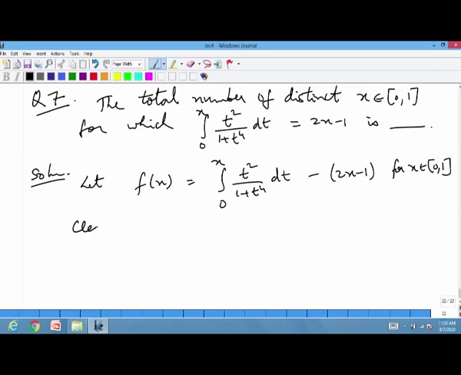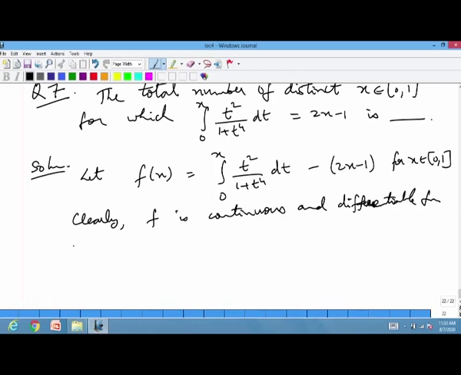So, clearly f is a continuous and differentiable function. Also let us see what is the value of f(0). If we put x equal to 0, the integral is 0 to 0. So, this is 0 minus, this will be minus 1. So, this is equal to 1.